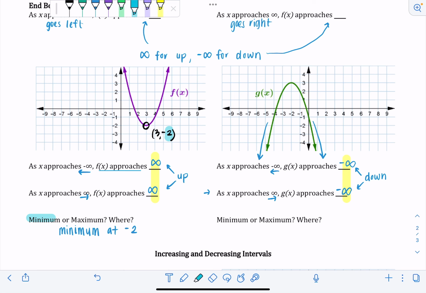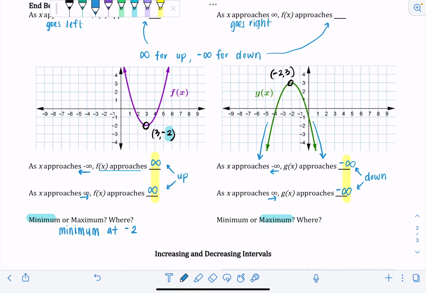And then for minimum or maximum, right here, we're looking at the point where the graph changes direction, the vertex, which over here is the point (-2, 3). And then we have to ask ourselves, is that the highest point in the graph or the lowest point in the graph? And in this case, it's the highest point. So it's a maximum.